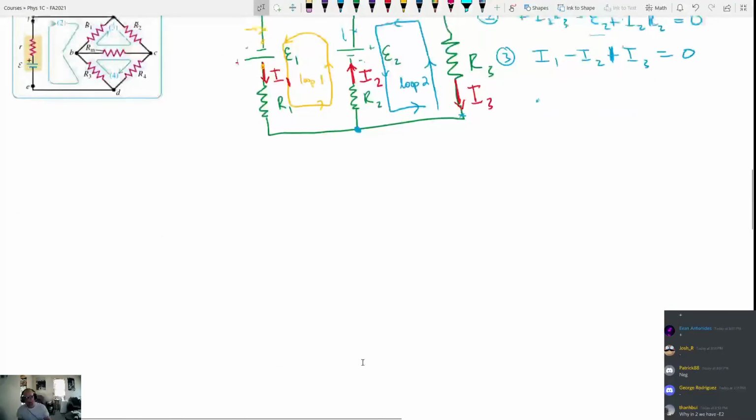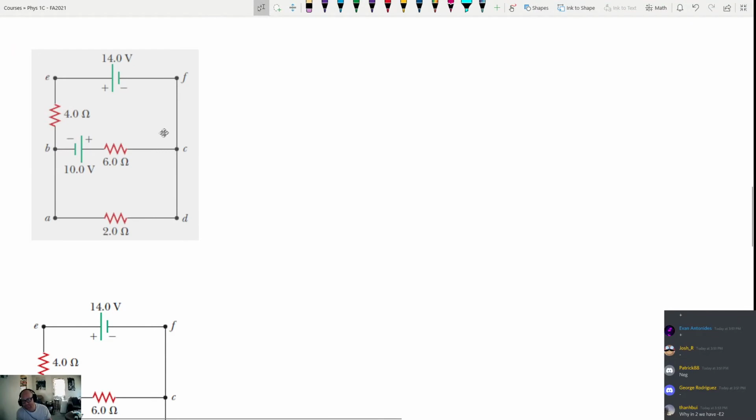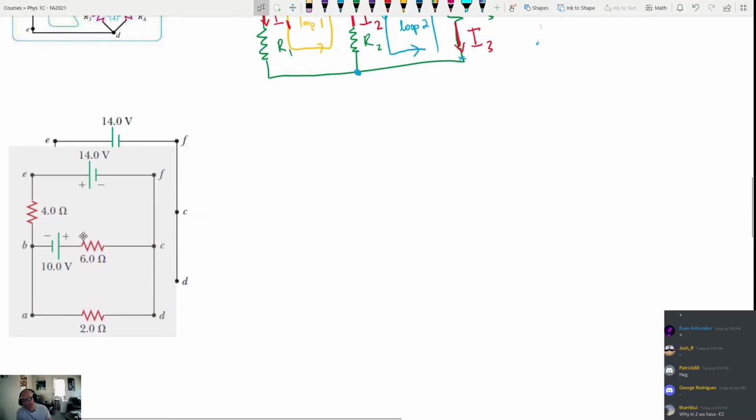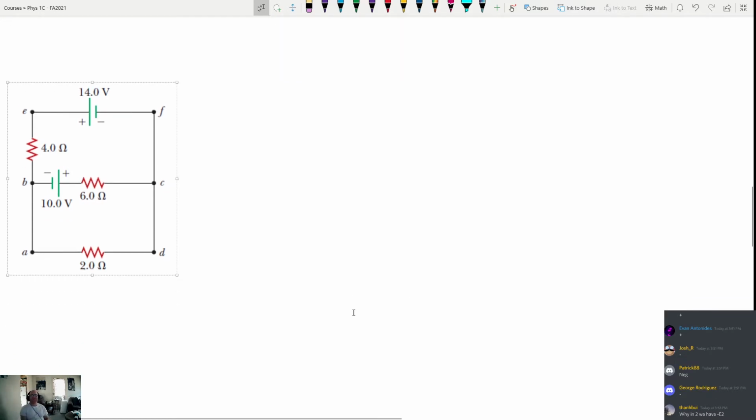Okay, let's look at a problem. Here's a problem. Our goal here is to find the current flowing through each resistor.